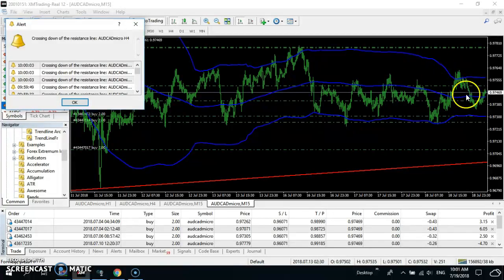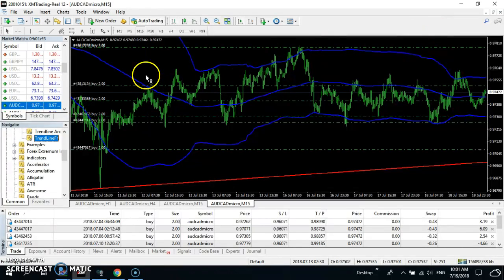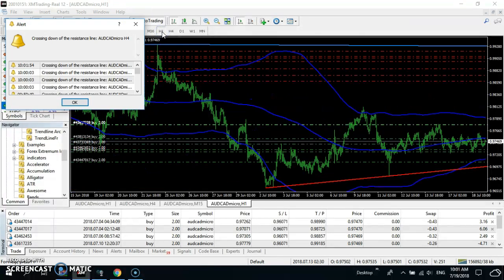So the journey of this movement ends, let me bring the 1 hour, it will end when you see this resistance line on the 15-minute time frame.